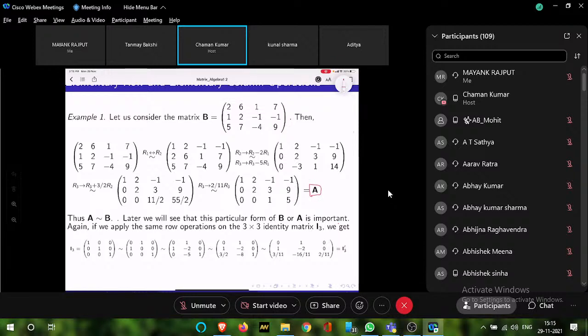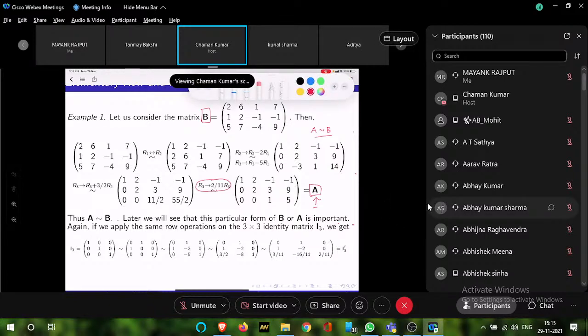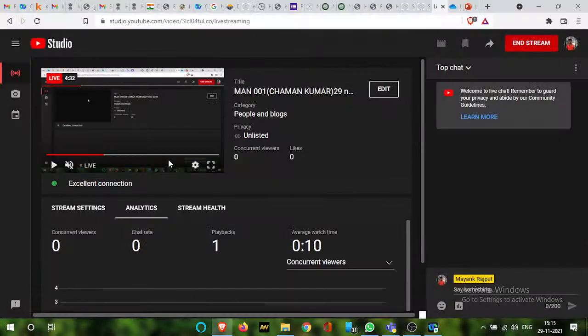So these two matrices are equivalent. The matrix A and the starting matrix was B. So these two matrices are row equivalent, which we write as A equivalent B. Now, if you start from the matrix A and reverse this process, I mean, you can identify the elementary row operations.